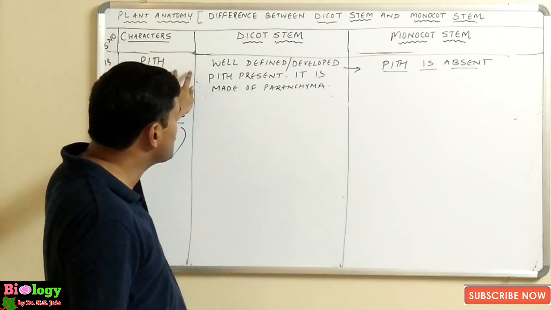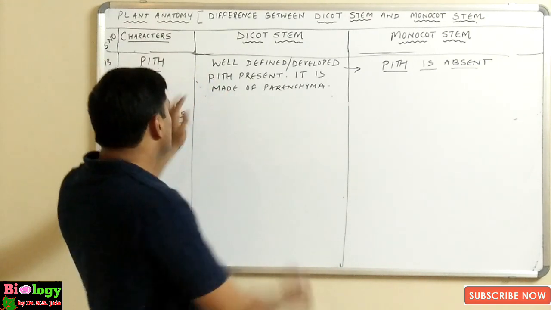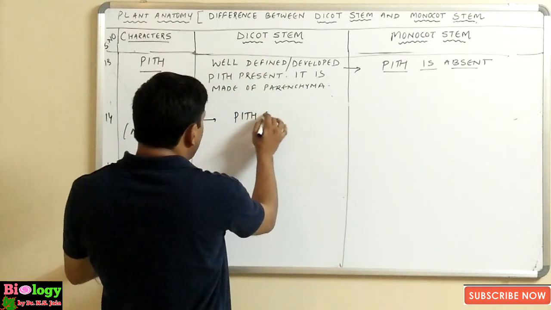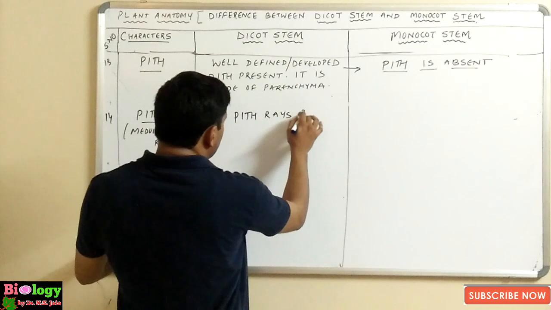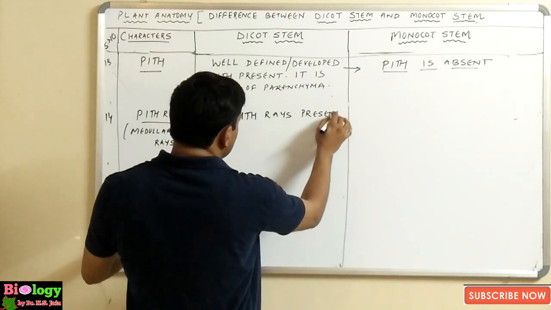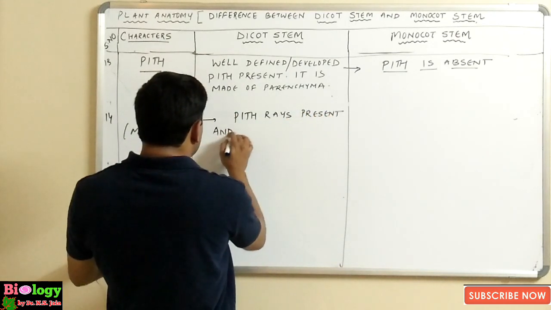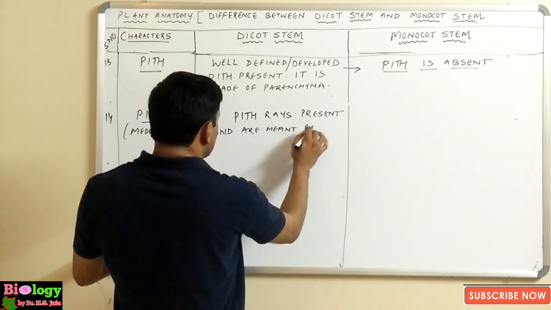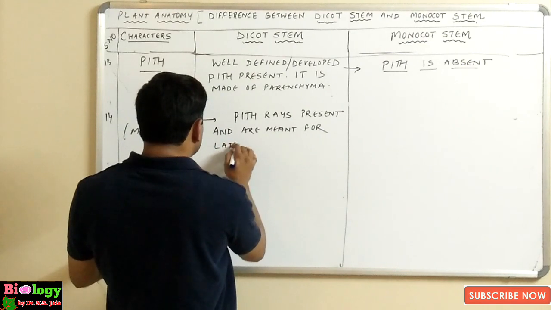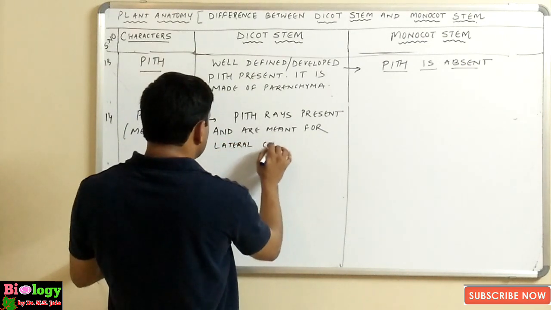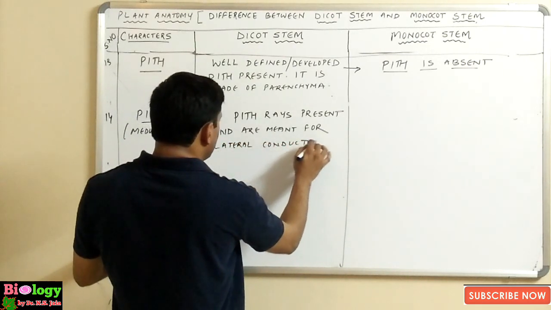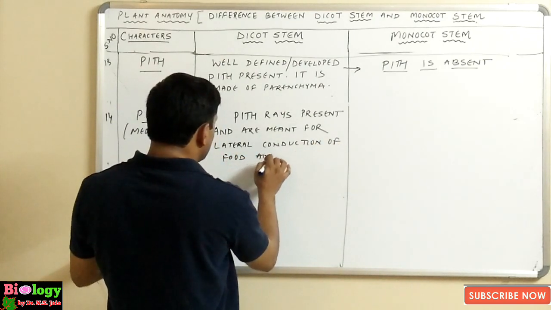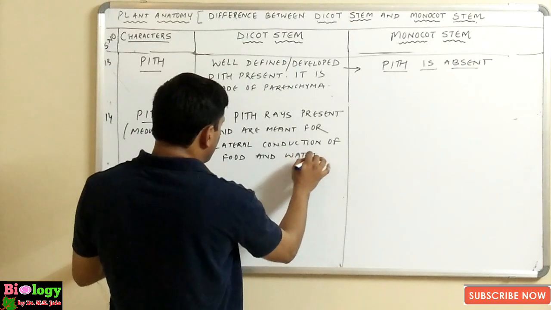So as the pith is present here, in the dicot stem pith rays are present and are meant for lateral conduction of food and water.